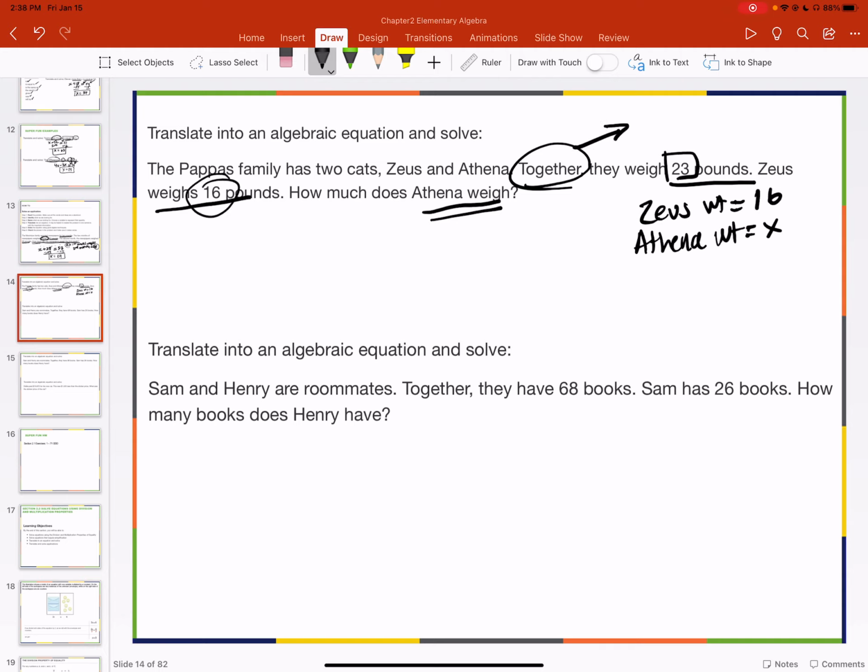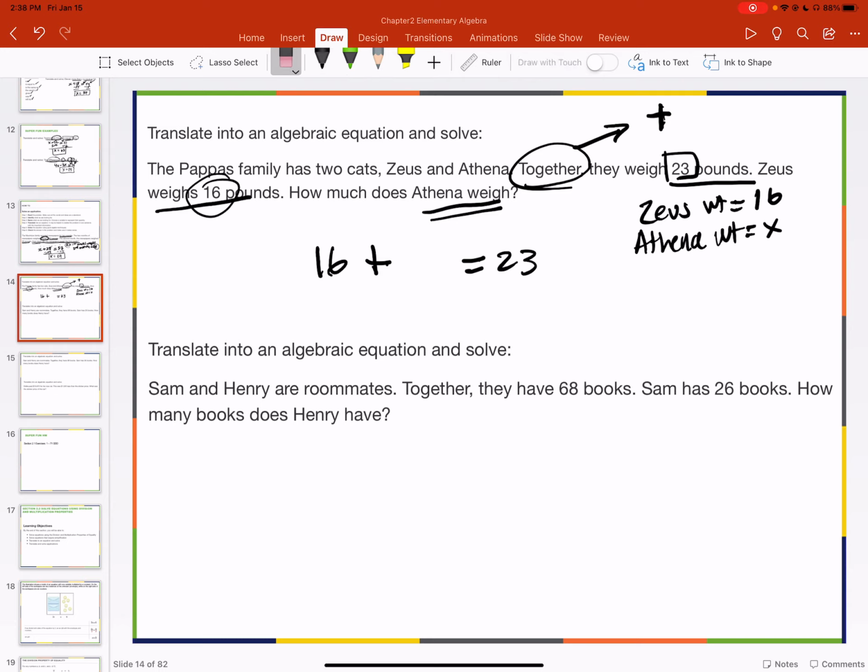What does together imply? That means that you're going to do what to these two weights? We're going to add, right? So together Zeus plus Athena is 23 pounds. That's together. Okay, so Zeus is 16 and Athena is X. But I'm going to go ahead and put the X first because that's the way that we actually did it.